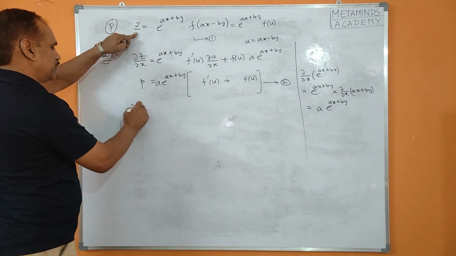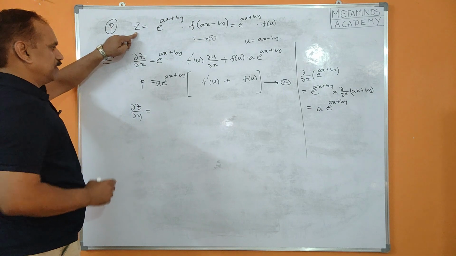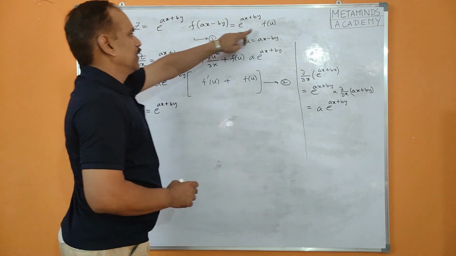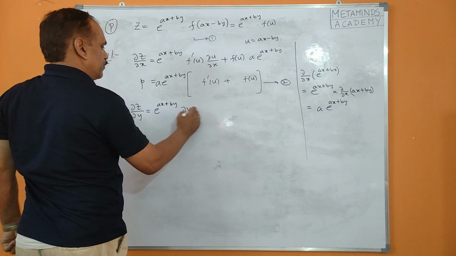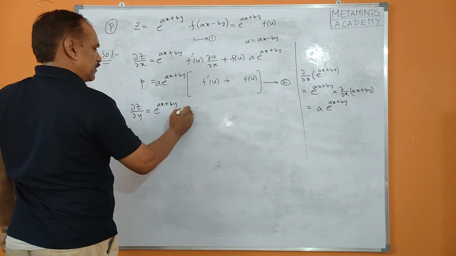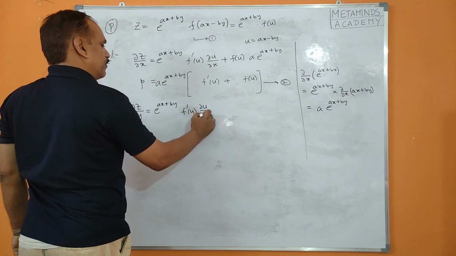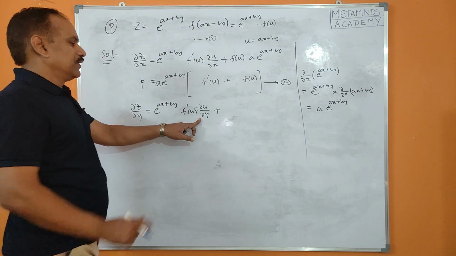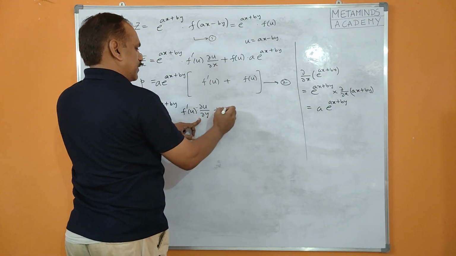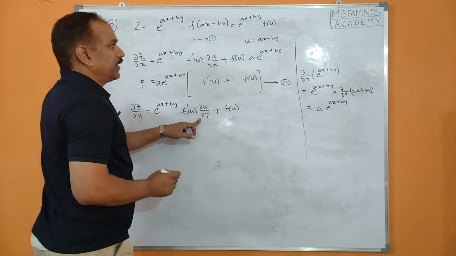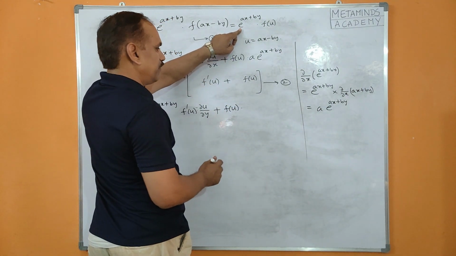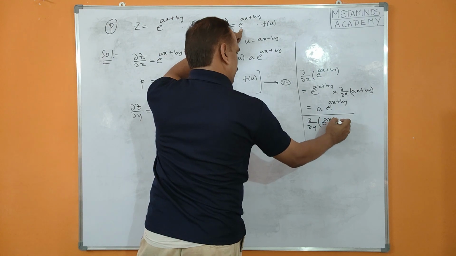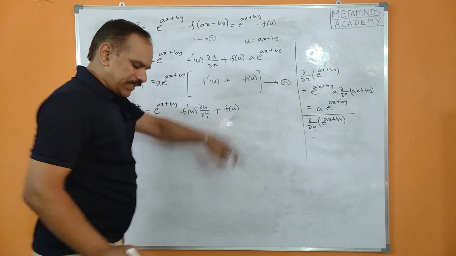Differentiate equation 1 with respect to y, dou z by dou y is again e power ax plus by into derivative of f of u with respect to y, that is f dash u into dou u by dou y plus f of u into derivative of e power ax plus by with respect to y, not x.